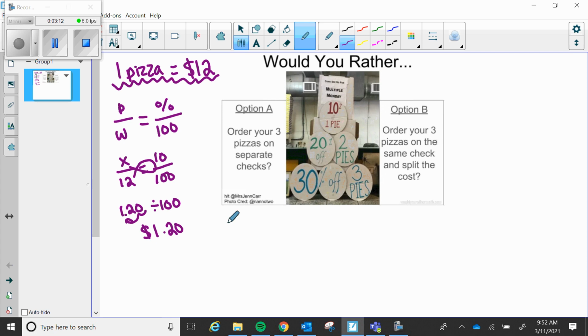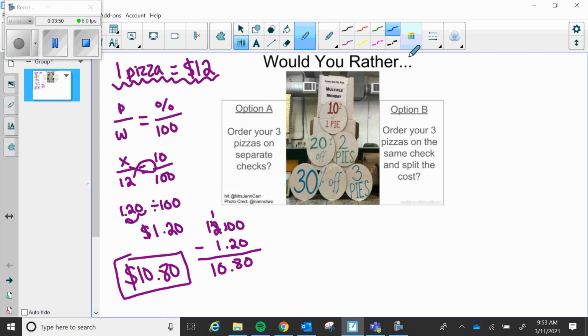So to figure out what my check would end up being, I'm going to have to do 12 minus that $1.20. That'll give me a 0. I need to borrow a 1. That becomes a 10. 10 minus 2 is 8. 1 minus 1 is 0. And I'm left with just a 1. So my total cost over here for 1 pizza would be $10.80.